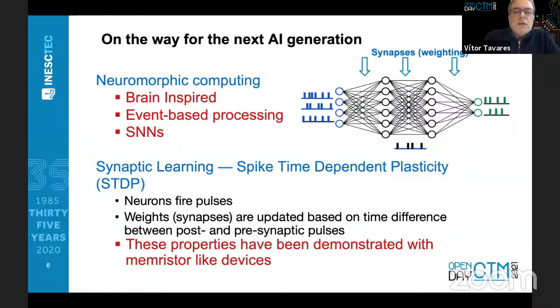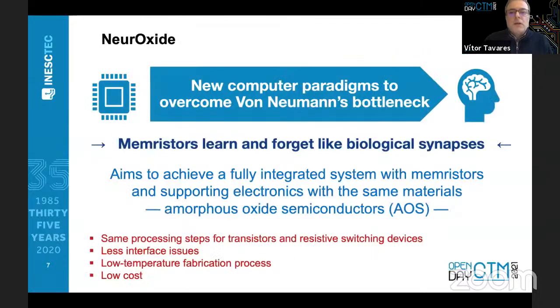Actually, it is very interesting to know that memory systems can also show some kind of similar synaptic learning as you see in the brain, typically spike time-dependent plasticity, which apparently plays some role in learning in our brains.